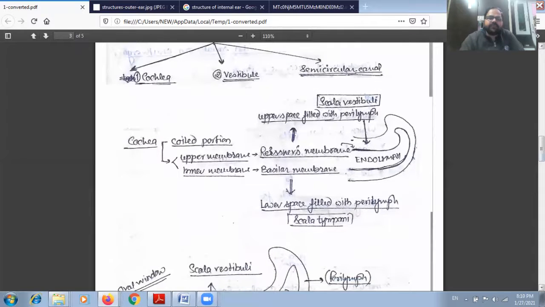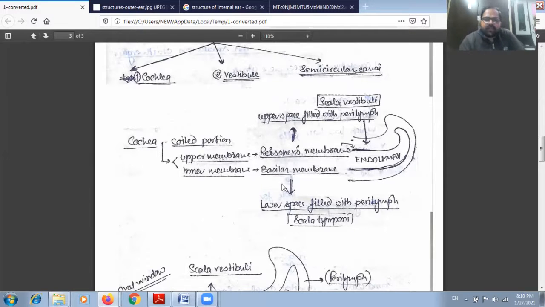So we can see here that this is the inner tube and this one is the outer tube, and this outer tube is called scala vestibuli, and this upper space is filled with perilymph, as we have already discussed. And we can see the same thing, as the upper membrane is called Reissner's membrane, and the lower membrane is called basilar membrane.